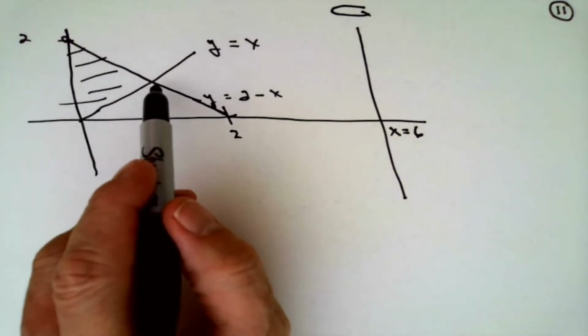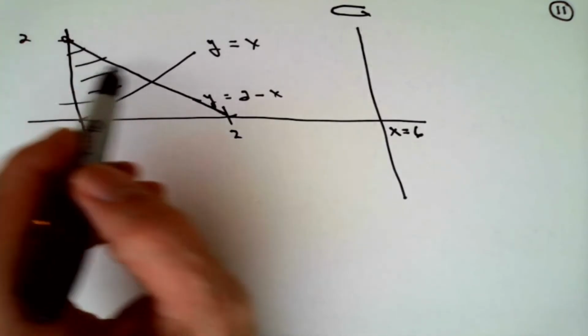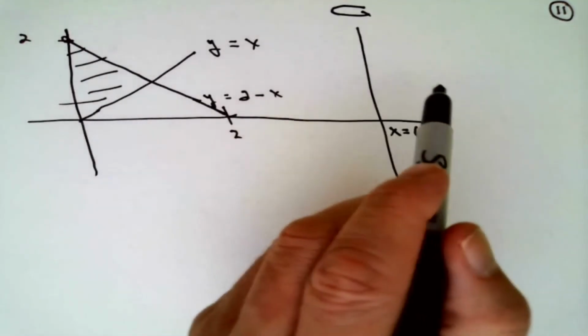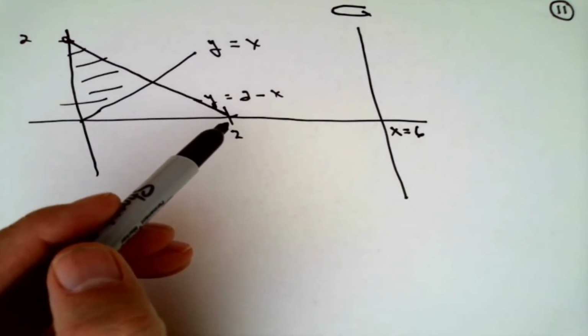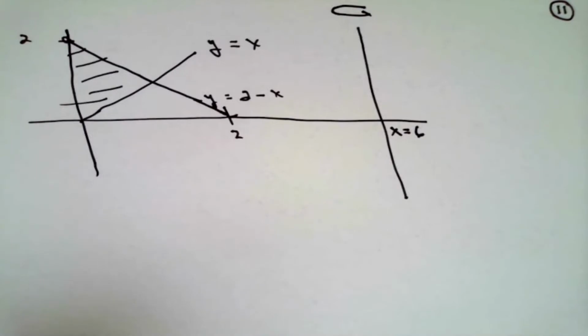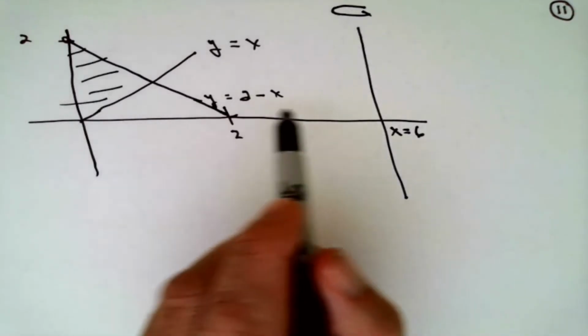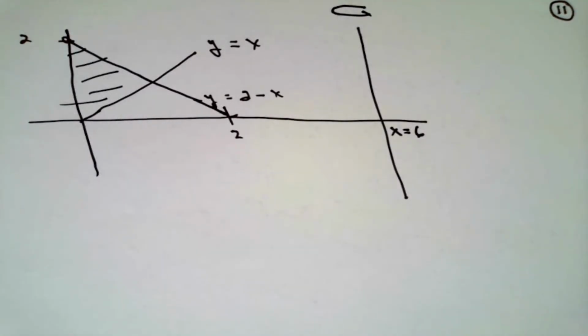The two lines cross each other, so for some of the y values, the thing that's going to determine the small radius would be the downward sloping straight line. But if the y-coordinate was small enough, below this intersection point, the small radius would be determined by y equals x.